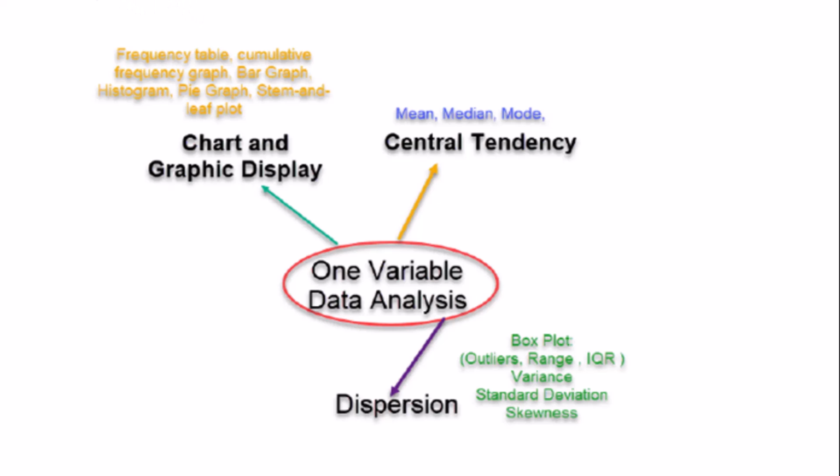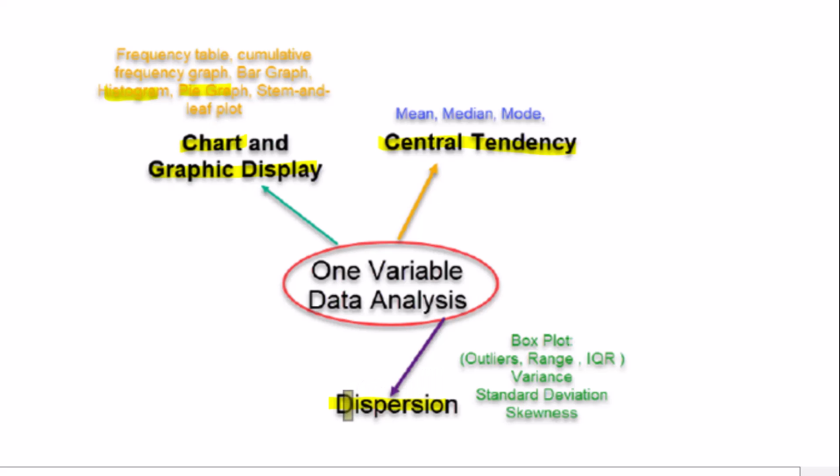This video is about standard deviation. We know for one variable data analysis, we use central tendency to analyze the data. Also, we can use a chart and a graphic display such as histogram, pie graph, stem and leaf plot to analyze the data.